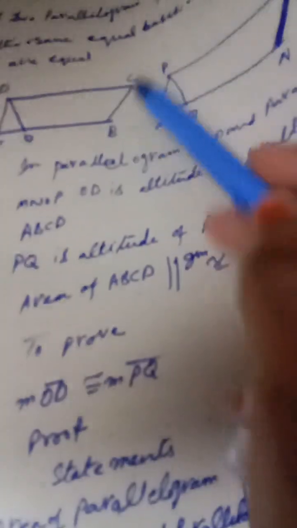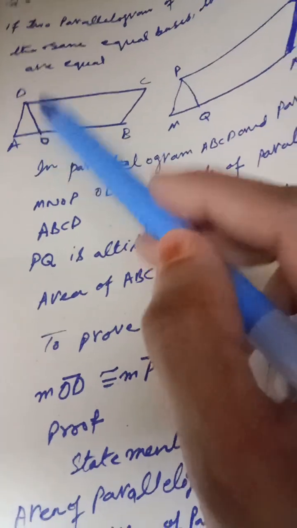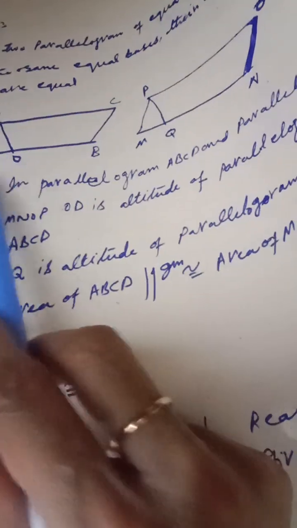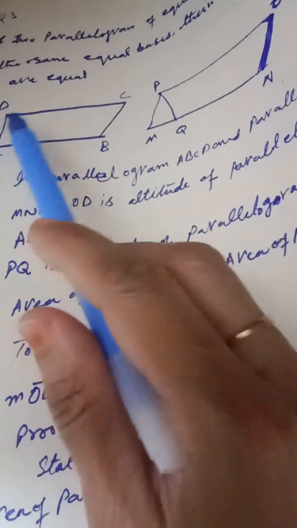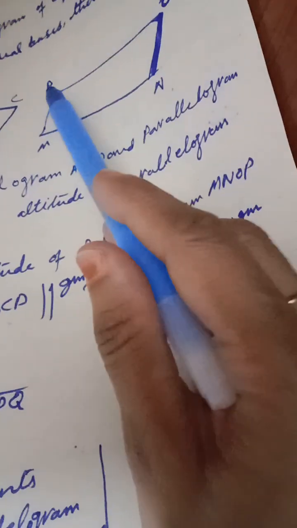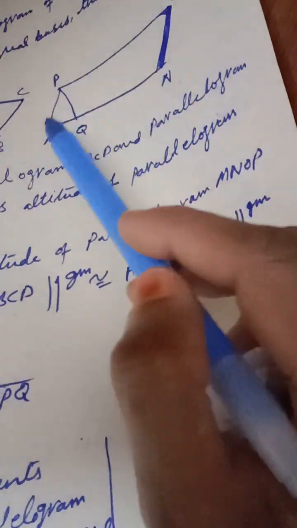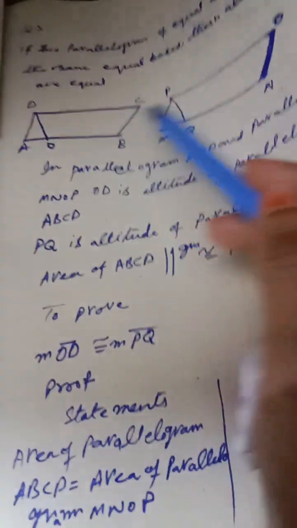In the given parallelogram ABCD, from a vertex a line is drawn perpendicular to base AB, which is called the altitude, and similarly PQ is on base MN. They have equal area, so the altitudes are also equal.